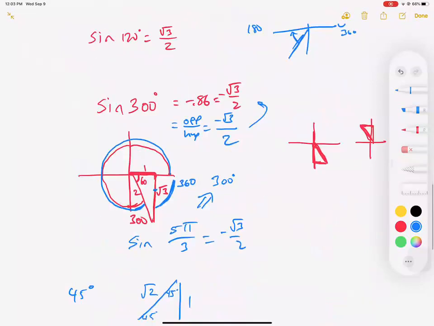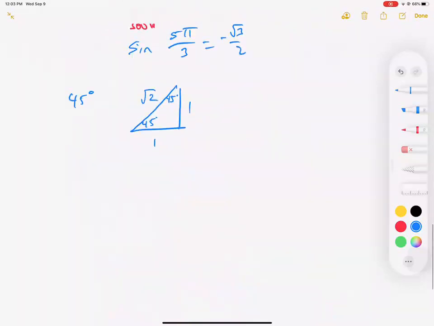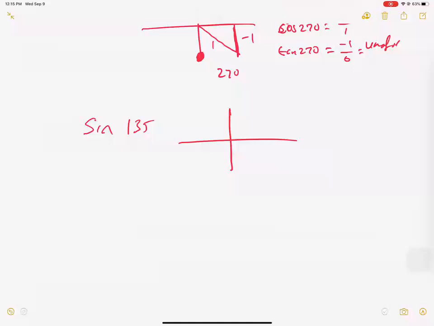Okay, let me try to finish this up. Okay, 45, 45, 90. If I'm asked to find the sine of 135, first step, draw a cross. Now, where does 135 go? Something over here, because it's bigger than 90. Draw the triangle. Now, what would your reference angle be here? To get from 135 to 180, it turns out that's a 45-degree angle.